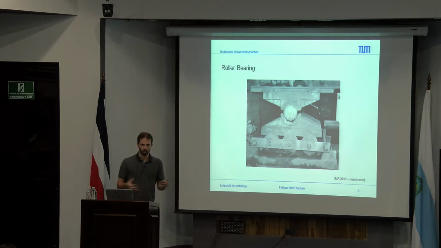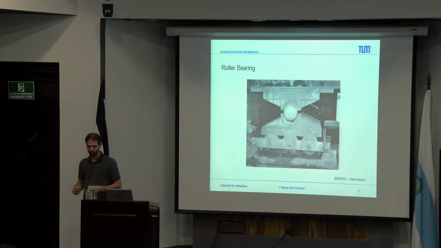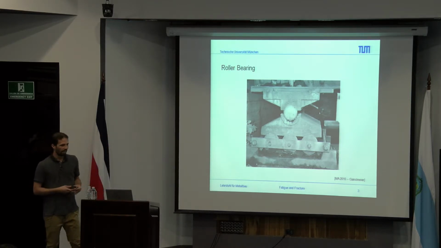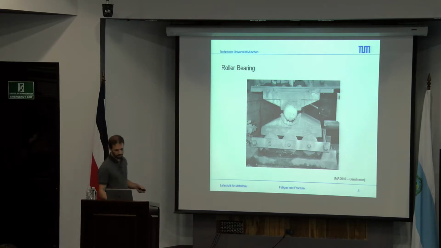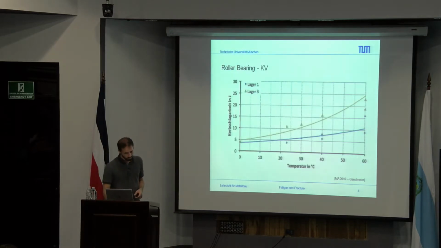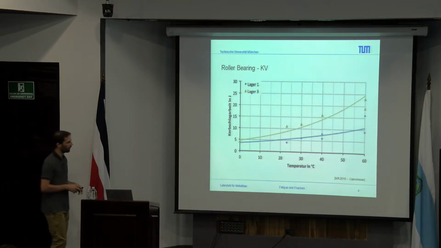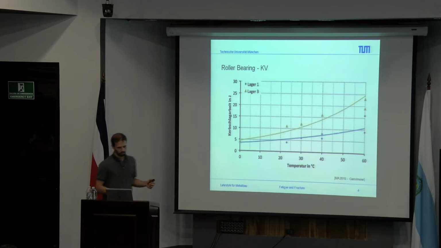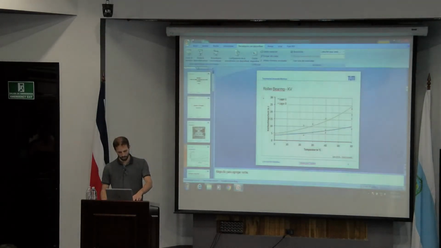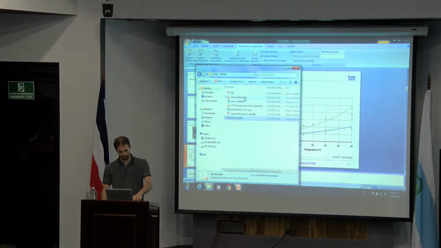We had some old bridges, around 40 years old or older, and we could calculate our stresses and also get some information about the KV. The KV is what I told you last week, the Charpy notch impact test.